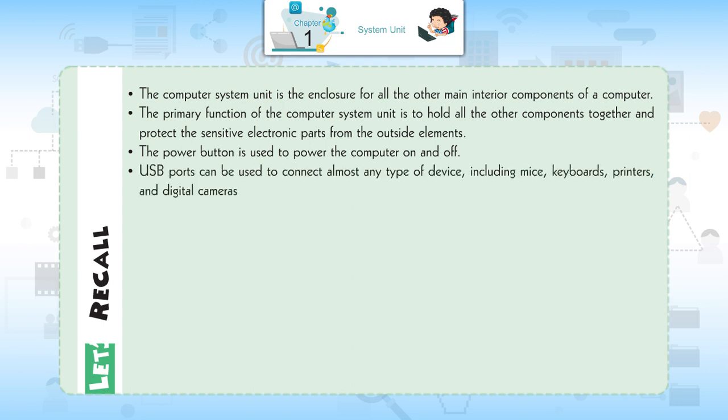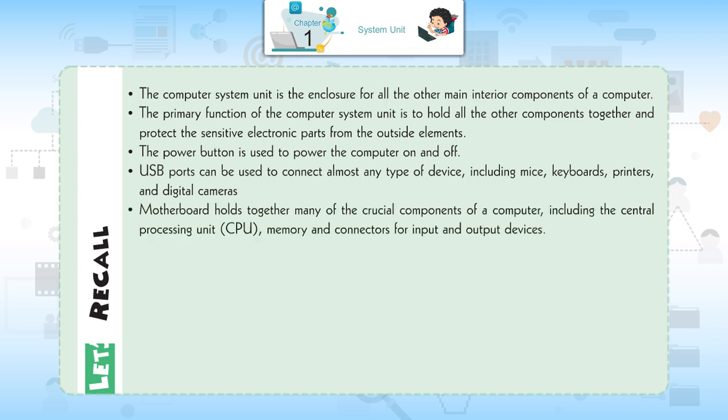USB ports can be used to connect almost any type of device, including mice, keyboards, printers, and digital cameras. The motherboard holds together many of the crucial components of a computer, including the central processing unit, CPU, memory, and connectors for input and output devices.